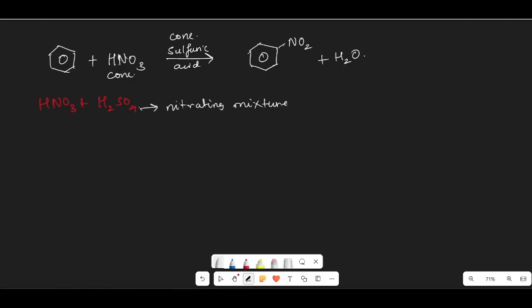So this reacts in this manner, since that HONO2, this is nitric acid, you can count whatever elements I'm laying. Sulfuric acid. So in the presence of this sulfuric acid, this nitronium ion is made.